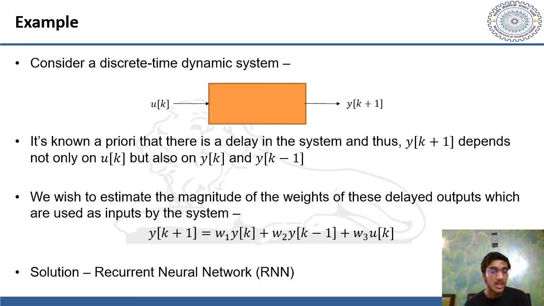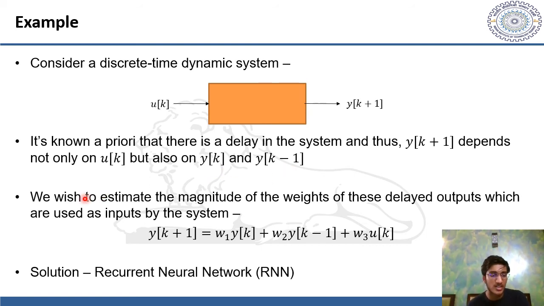So consider a discrete time dynamic system wherein the output of the system y of k plus 1 depends upon a previous value of the input, that is u of k. Now it is known a priori that there is a delay in the system, and thus y of k plus 1 depends not only upon u of k but also on the previously generated outputs by the system, at the previous instances of time, that is y of k and y of k minus 1.